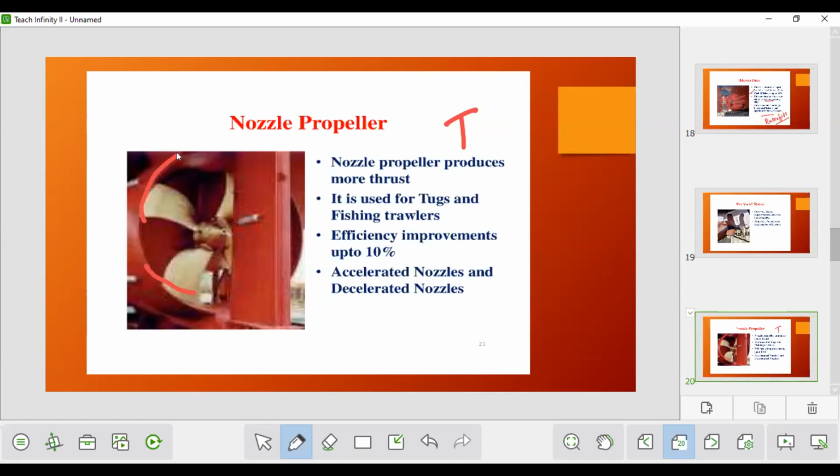Accelerated nozzles are good for increasing propeller efficiency, that is, the additional thrust it gives, and decelerated nozzles are good for cavitation reduction, noise reduction. So we have to see what the main function of our vessel is, and accordingly we can go ahead with the nozzle propellers.